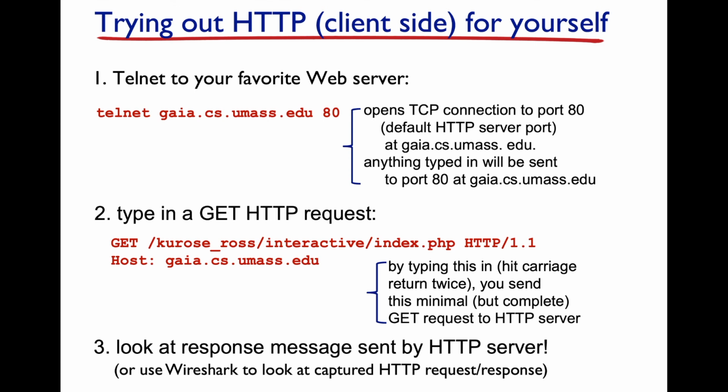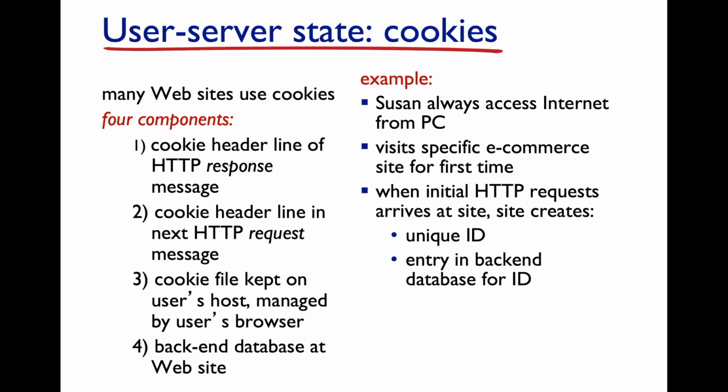So now we typed in the request with a single header line for the host specification, hit return twice, that's the carriage return line feed for the end of the line, and the carriage return line feed to end the client request. And then we saw that response message that came back across the wire to our telnet session from the server.